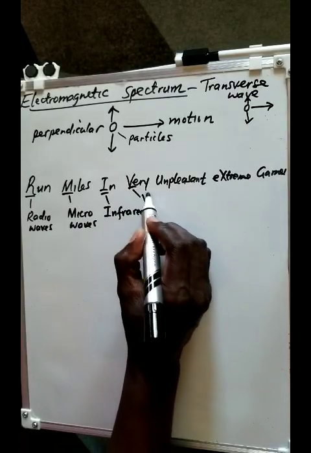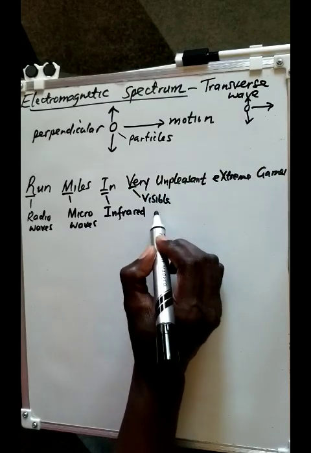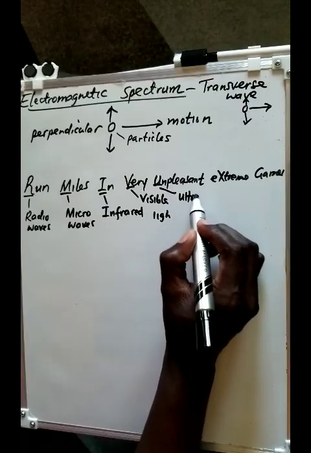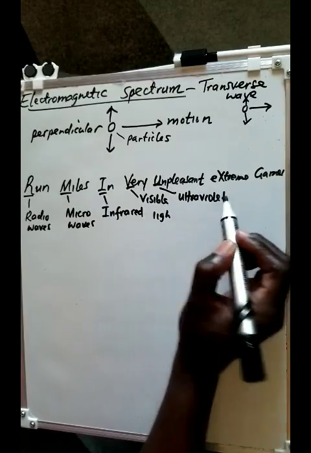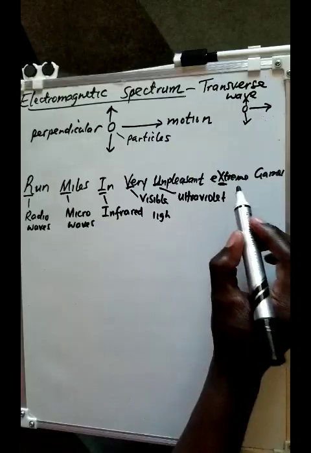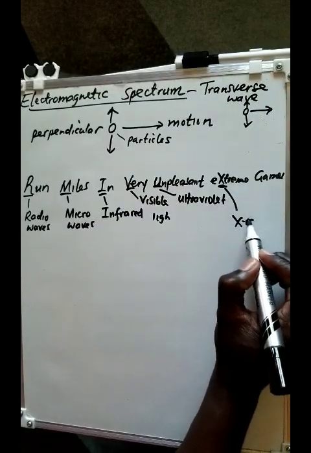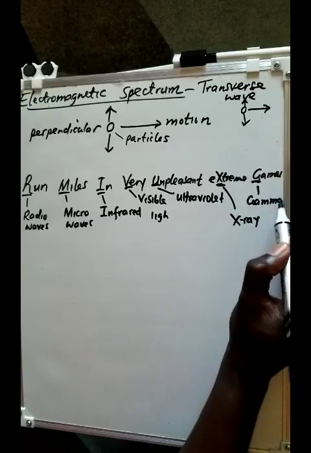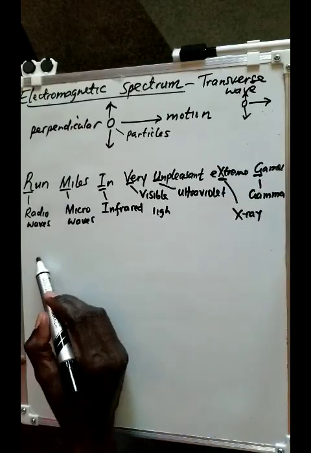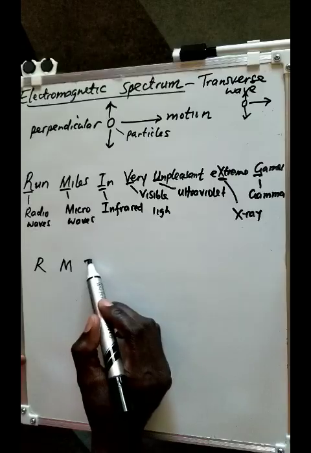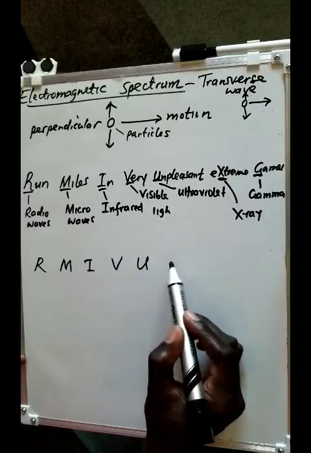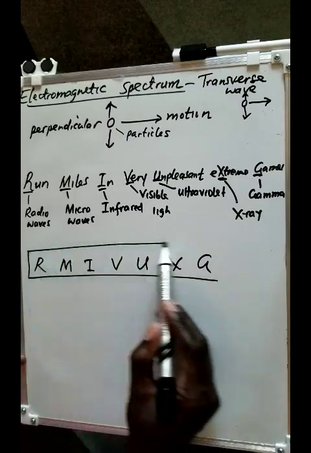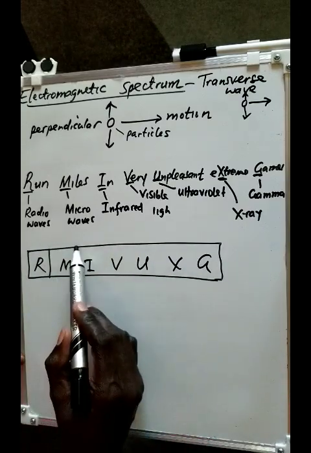The V there is representing visible light, and the U there is representing ultraviolet. And in the word extreme, the X is representing the X-ray. Then the G there is representing the gamma rays. So run, mouse, in, very, unpleasant, extreme games represent the waves found in the electromagnetic spectrum.